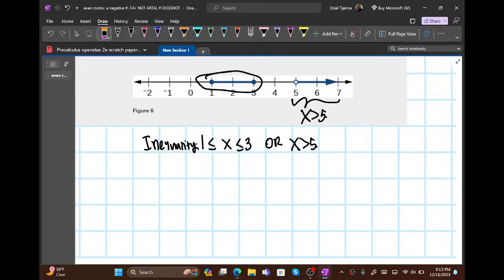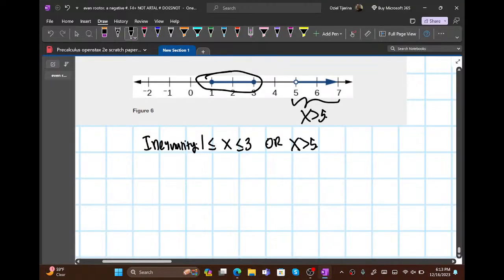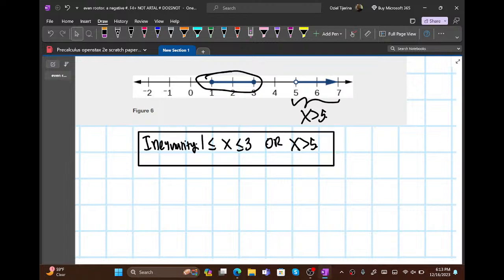And actually, I'm pretty sure that's how they say it. Yeah. So that would be the inequality of this. We have to understand that you have to use that or word when you're doing unions.